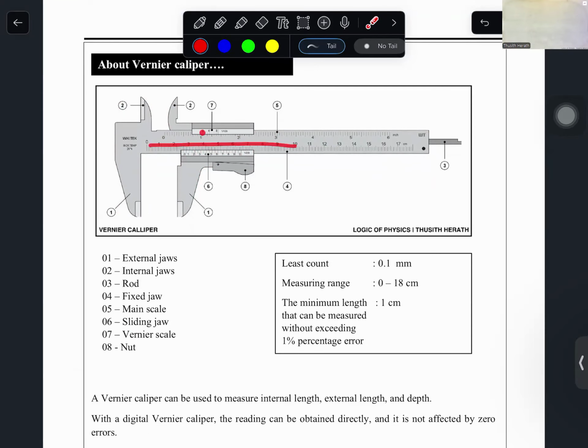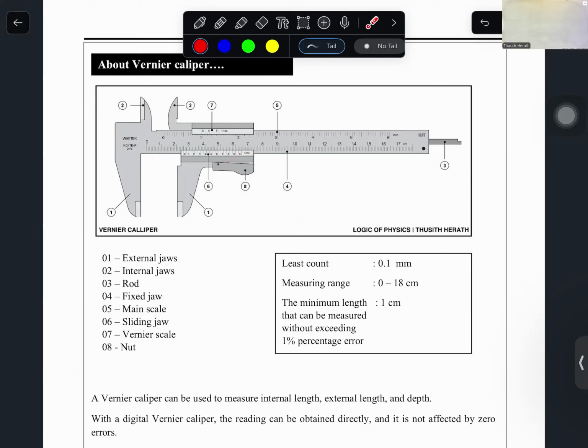This is the main scale, this is the vernier scale. So what's 8? It's a nut. Nut means you can lock the vernier caliper using this nut. So then you will be able to get the reading very easily, right? Otherwise, while you are reading, the sliding jaw will move and change the reading. So in order to avoid that, there's a lock here. You can make this lock and get the reading.